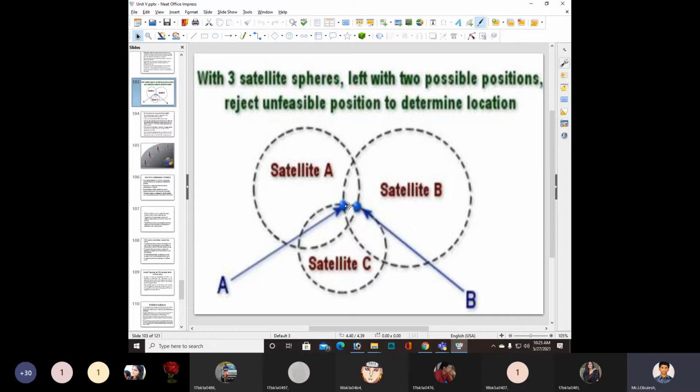Here the 3 satellites usually intersect at 2 points, point A and point B. See the diagram carefully: satellite A, satellite B, satellite C. These 3 satellites usually intersect at 2 points, A and B.